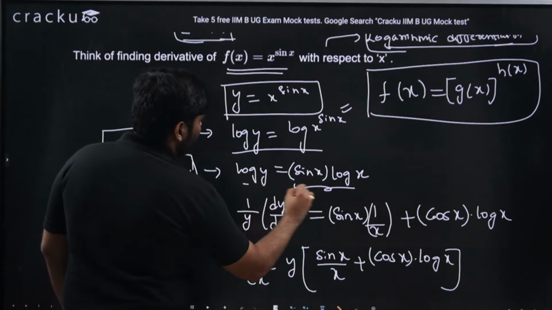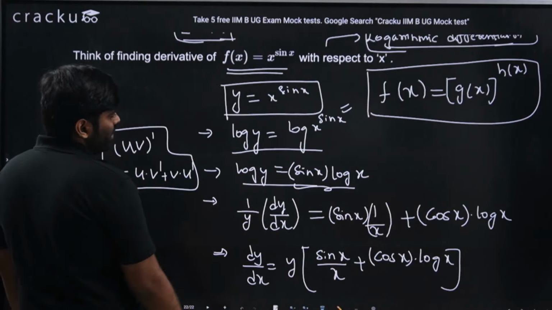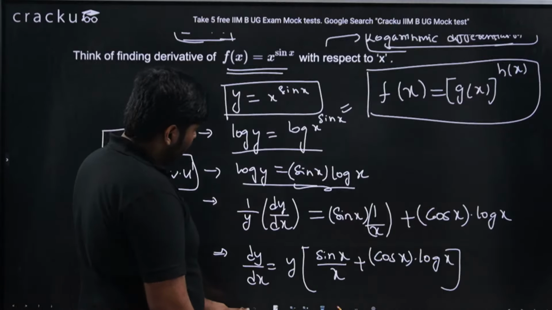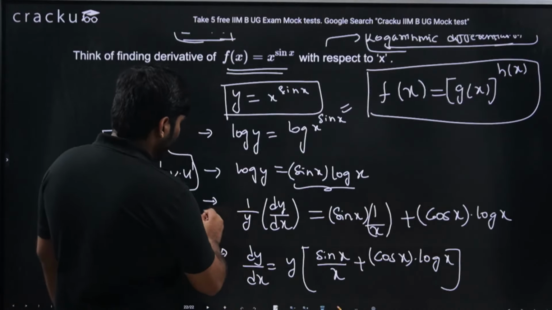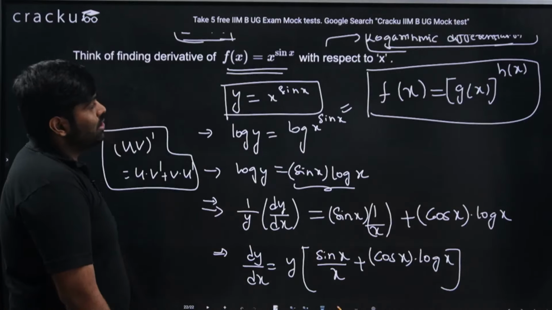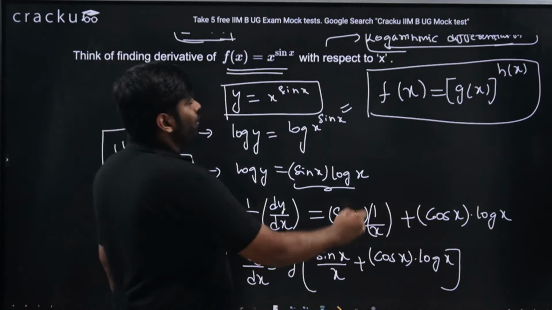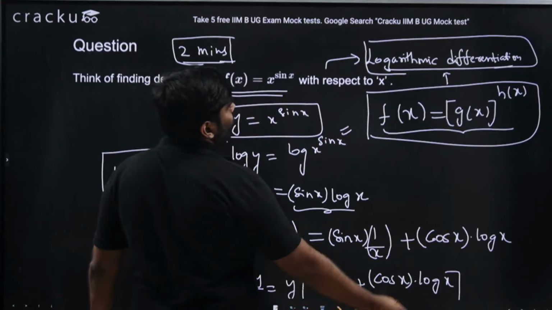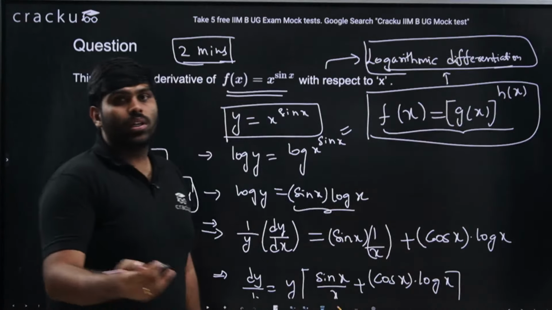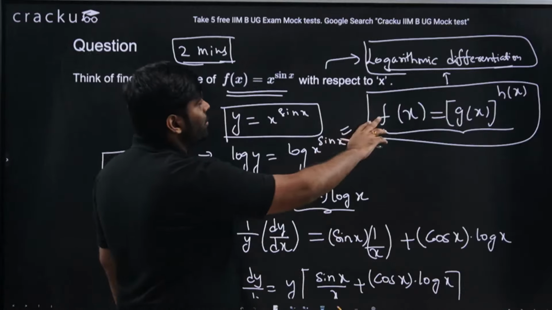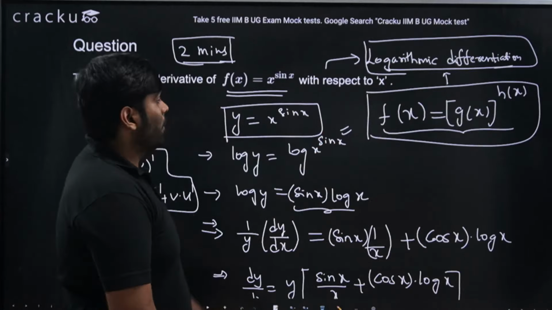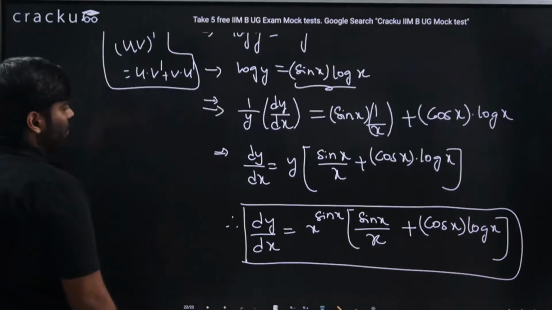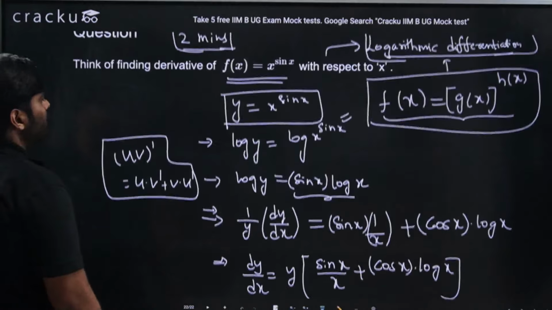Once you write it in this way, your work gets easier by simply differentiating both sides with respect to x. So this is how we have to approach this. Anytime you see f of x equal to g of x power h of x, get the notion of applying logarithmic differentiation into your brain. Then when you see this, immediately you do logarithmic differentiation. So this is one way of questions which you can see in the exam.